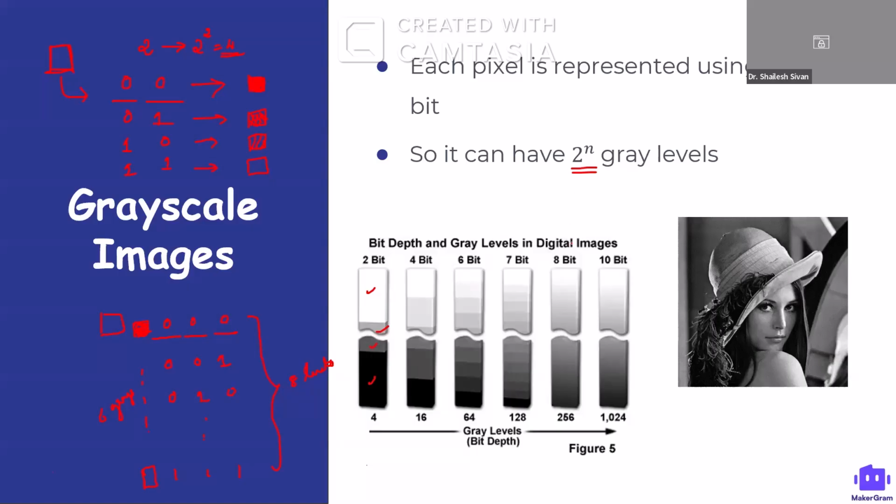Most of the time, we use grayscale images with 8 bits per pixel. 8-bit grayscale images are usually in use. Hope this is clear, right?